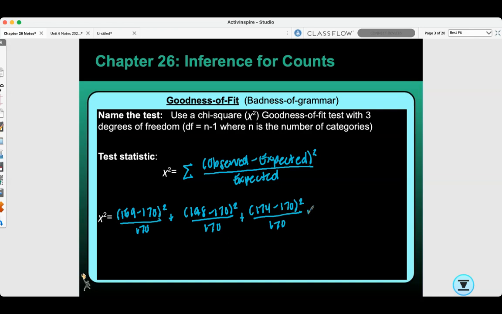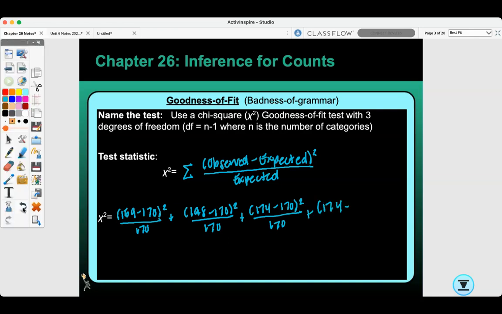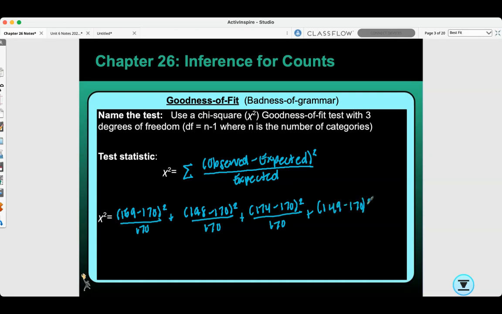And then lastly, grape, 149 minus 170 squared all over 170. And this equals about 8.012. And that's your chi-squared test statistic.